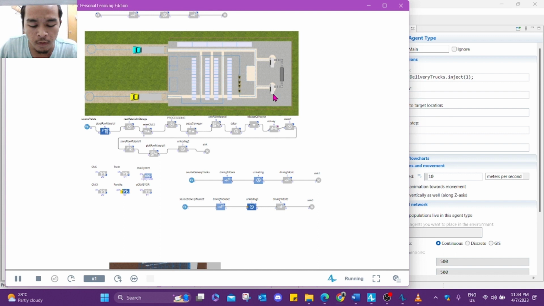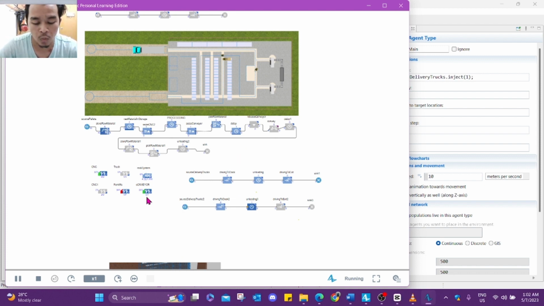We have four forklifts that follow the path to take the pallet from the lorry and store it in the ASRS. While storing, the pallet is transferred to the first CNC machine using a forklift, and then the pallet is transferred by conveyor to CNC2. In the middle of the conveyor, there is an inspection of the pallet.